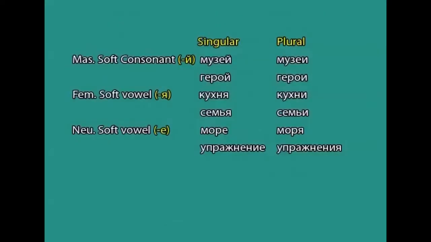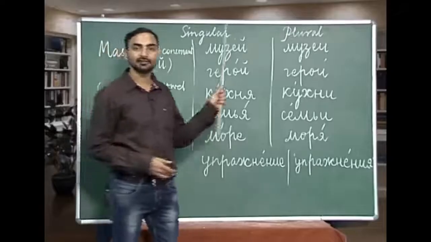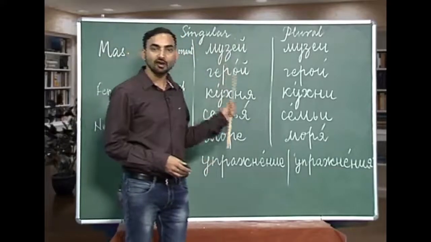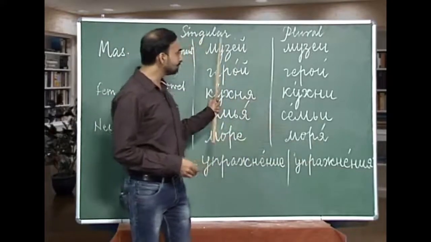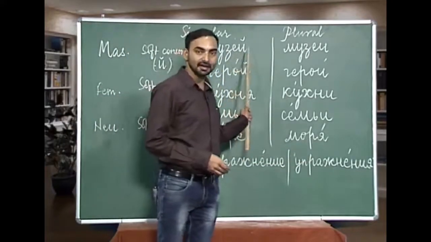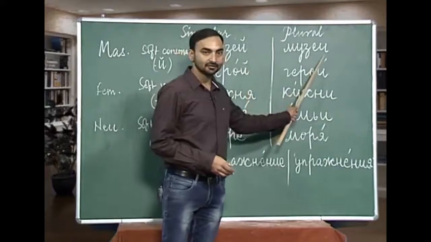The next masculine gender noun with soft consonant is geroi. Geroi is hero. So, how do we form plurals of these 2 masculine soft ending nouns? We replace E kratkoe, which is the ending, with E, soft E.